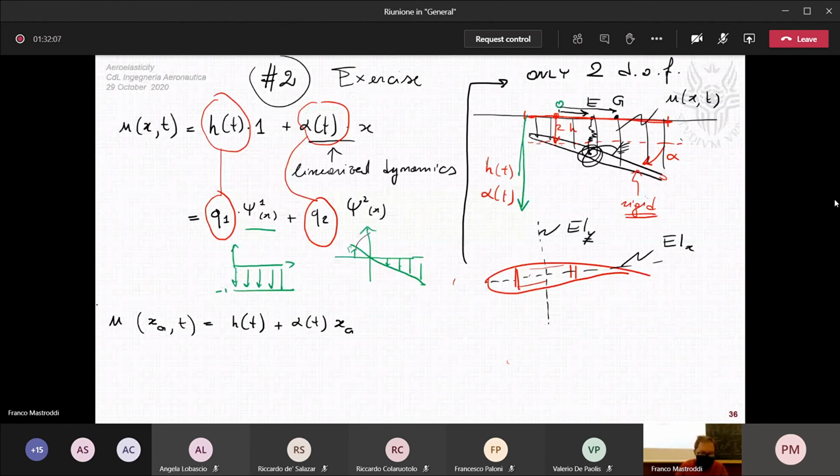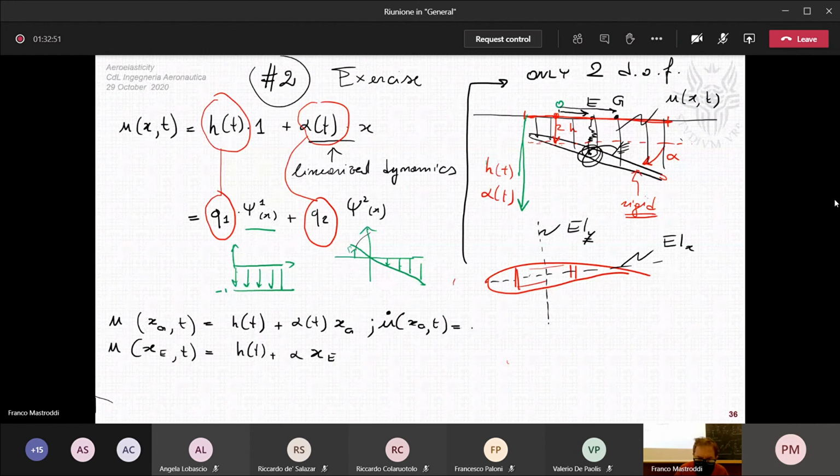And if you indicate with U, in the elastic center, U(t) is equal to h plus alpha xE, and correspondingly for the velocity you have U dot at the center of mass is equal to the time derivative of h plus the time derivative of alpha by xG.